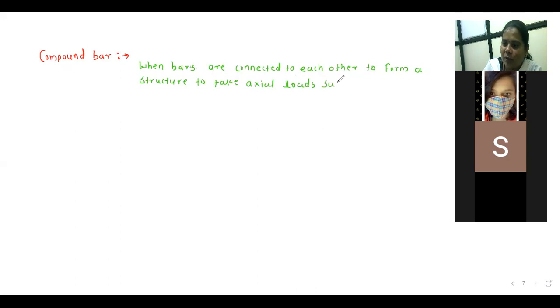such a structure is called as compound bars.